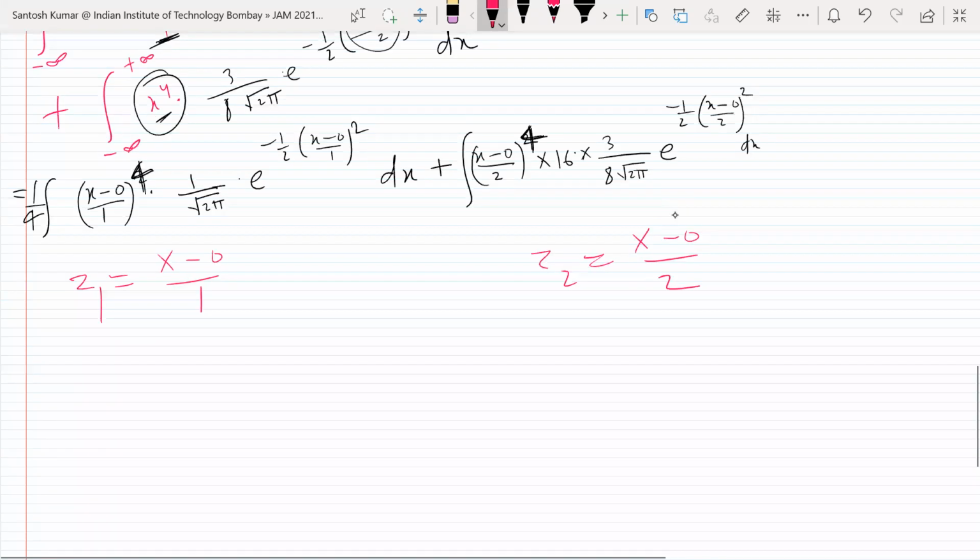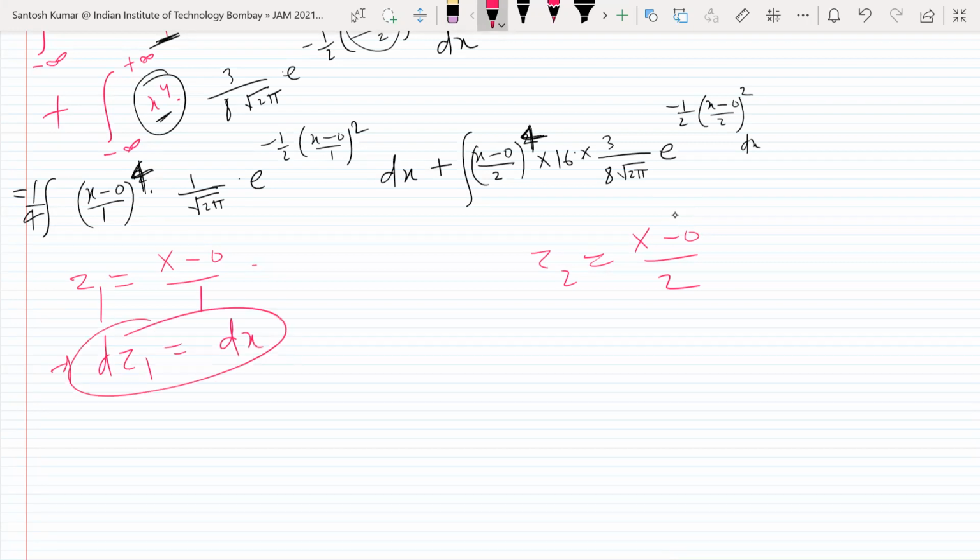So now what will be our next integral? From here, if you notice, dz1 is going to be dx, and dz2 is going to be dx by 2. So dx by 2 you can write as dz2.